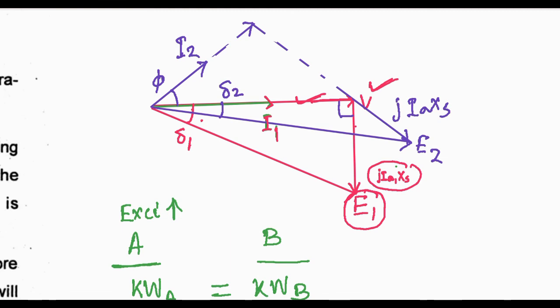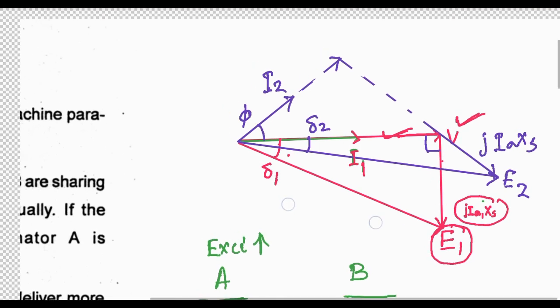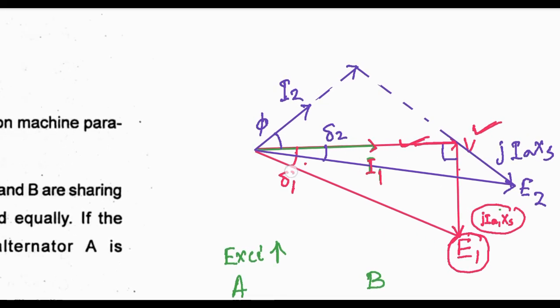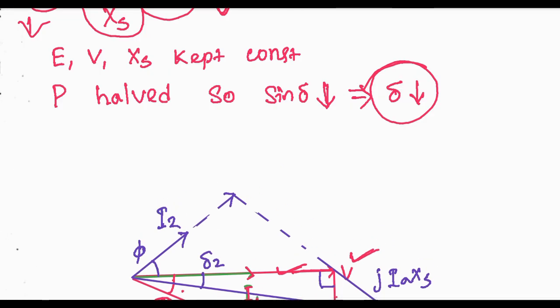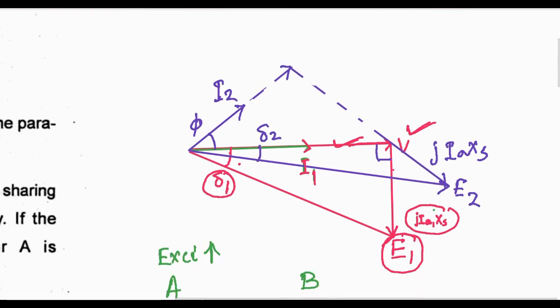And in the second case, this one is delta 1, and delta 1 is decreasing, that means this angle is decreasing. So we have to put E2 here, the second excitation voltage, and the corresponding I2 will be like this, because this is perpendicular to this one.